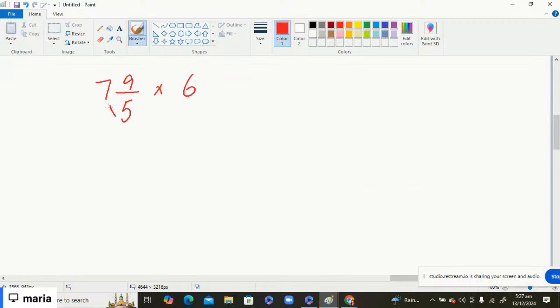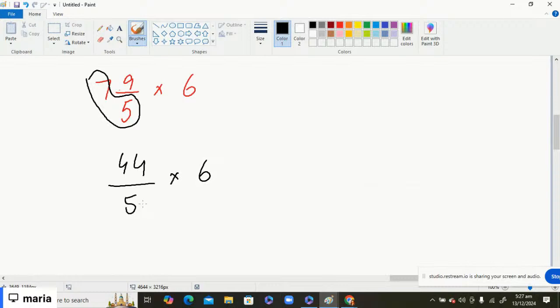You always multiply these two numbers and then add their numerator. Just multiply these two numbers. 7 times 5 is 35. 35 plus 9 is 44 over 5.